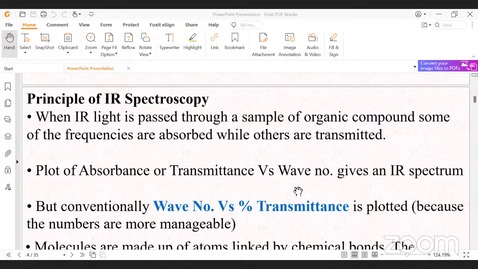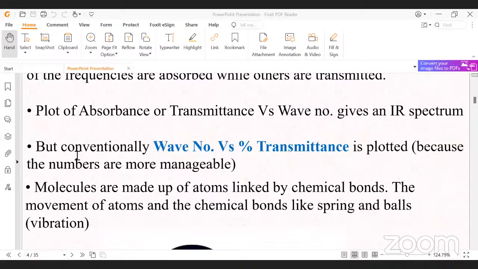In UV-visible spectroscopy, the graph is absorbance versus wavelength. But here it is transmittance versus wave number. Conventionally, wave number versus percentage of transmittance is plotted.